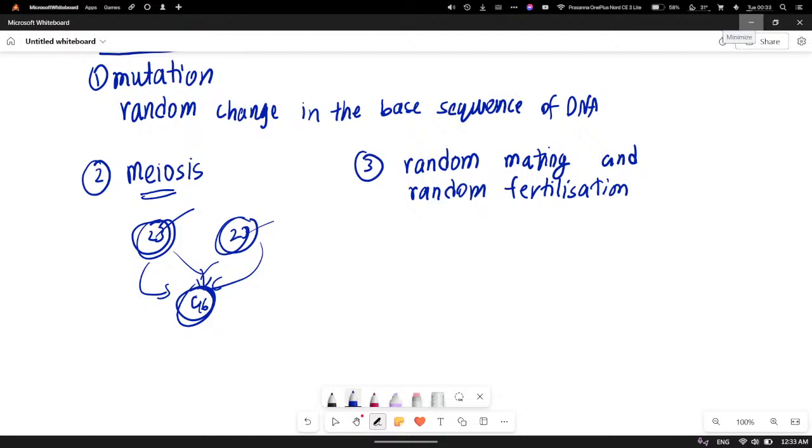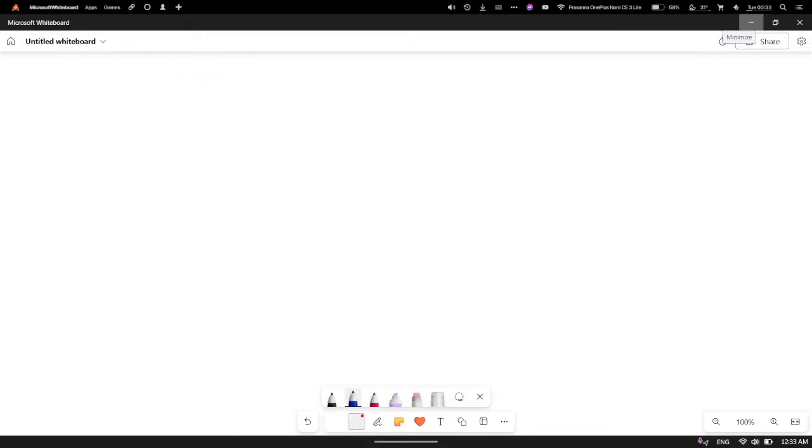Then we move on to fitness. Fitness is described as the ability of an organism to survive and reproduce in an environment. So, it's the ability of an organism to survive and reproduce.